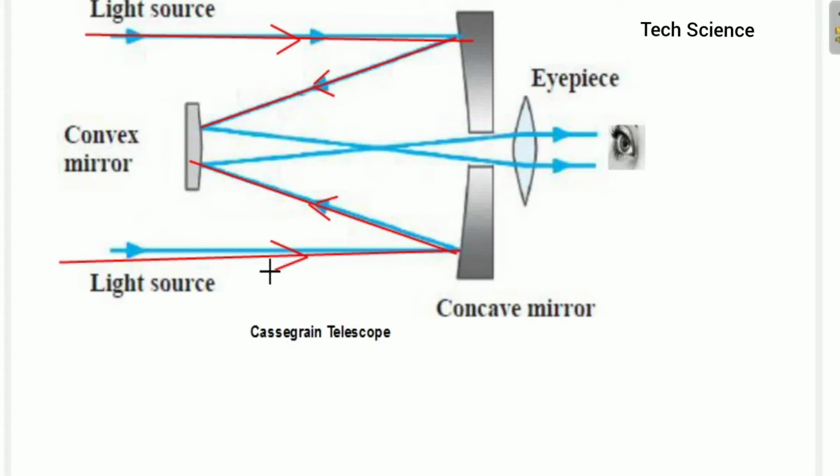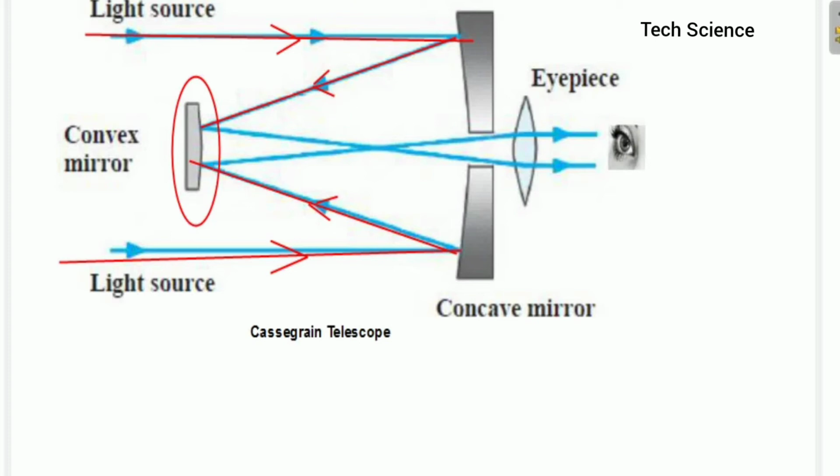After falling on this concave mirror, they get reflected back, and these reflected rays are the input to the small convex mirror.